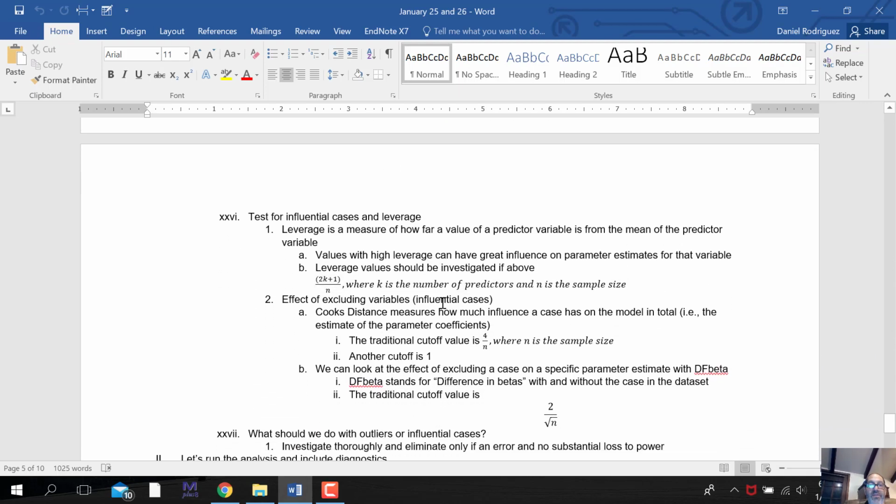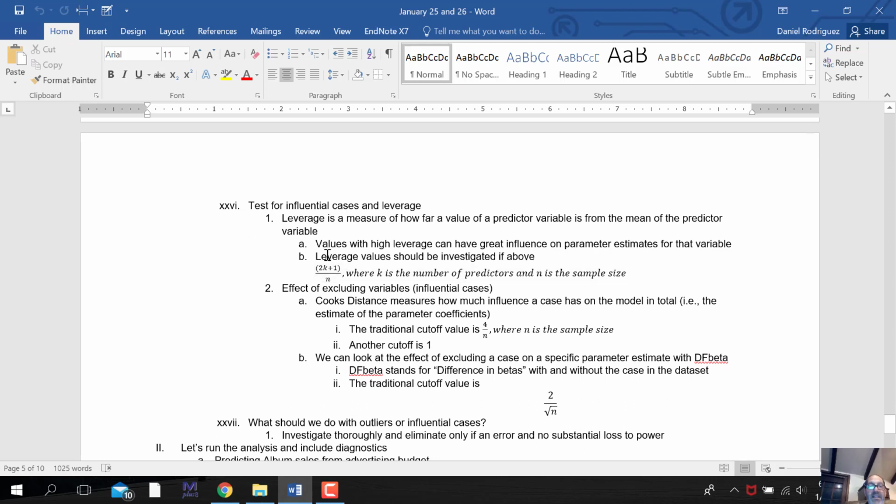We also look for influential cases and leverage. Leverage is the difference between, so now we're dealing with the predictor rather than the predicted value. We're looking for values that are very different on a predictor from the mean of that predictor. So high leverage means that there's a larger difference between the mean of a predictor variable and its actual value.